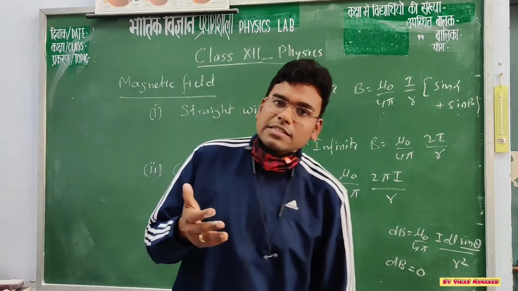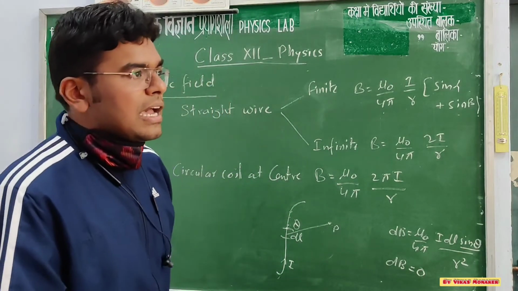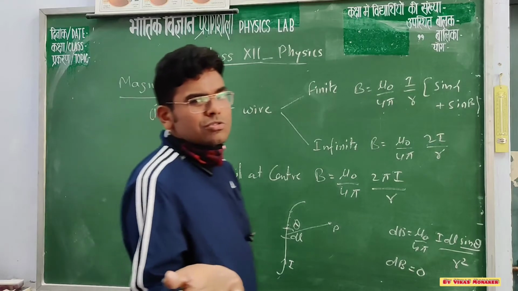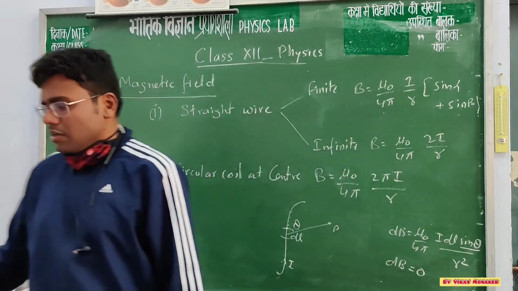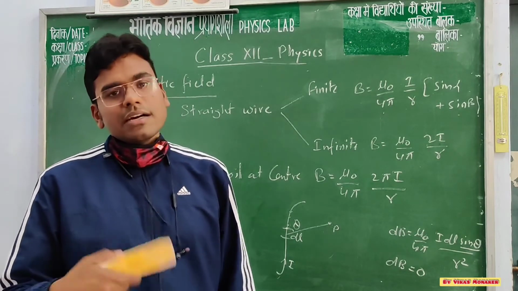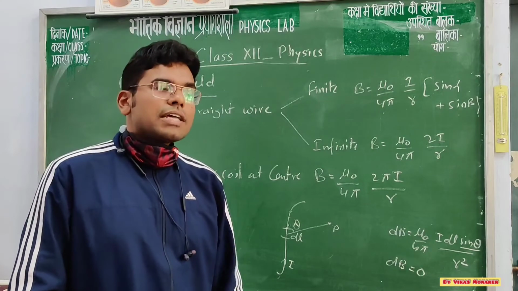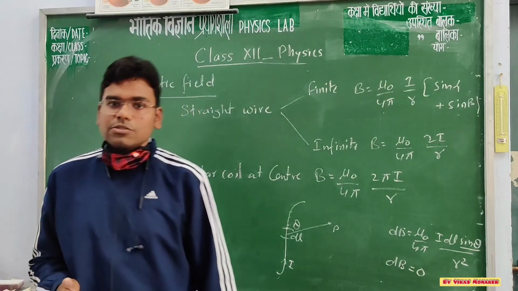If they are in the same direction, you can simply add. If they are in opposite directions, you subtract the lesser from the greater, and if they are making some kind of angle, you will use the law of parallelogram or vector addition. You have done enough with vectors in the previous classes, so you can do it in the same way. But to find out the direction, you should use the right hand thumb rule. Okay, that is to be utilized.